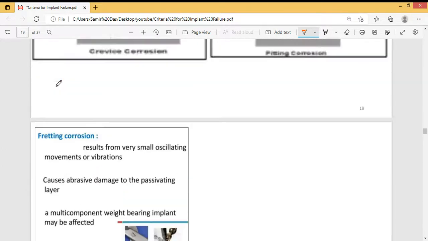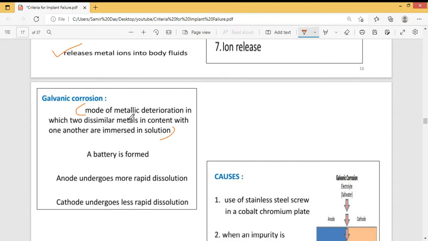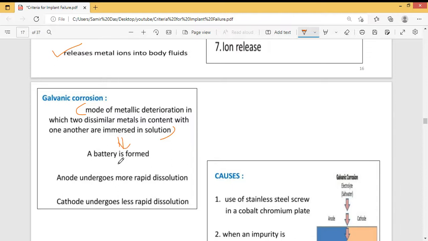Just going through those corrosions: in case of galvanic corrosion, it is a mode of metallic deterioration where two dissimilar metals in contact with one another are immersed in the solution. Next, a battery is formed, the anode undergoes more rapid dissolution and the cathode undergoes less rapid dissolution.